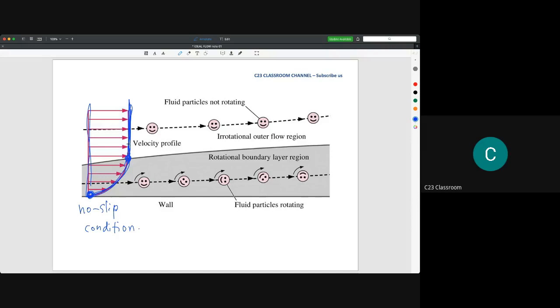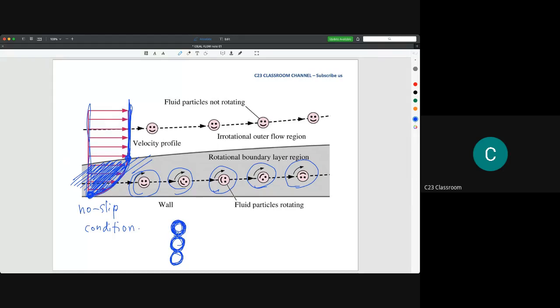Why do we assume that in this region the molecule could spin itself? Because there are differences in resistance. Why do we have a different velocity profile in this area? For example, we have 3 molecules here, and the resistance at the bottom molecule is not equal to the middle molecule, and also not equal to the upper molecule.